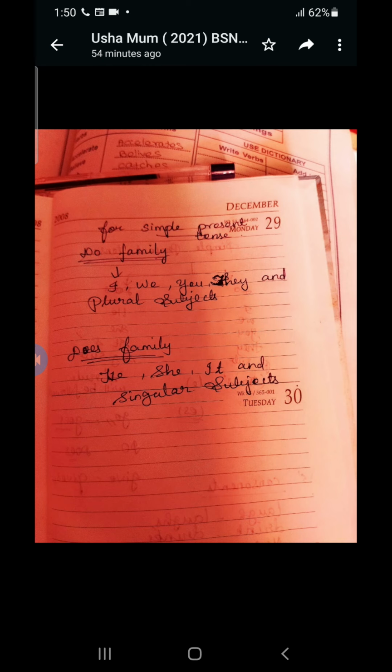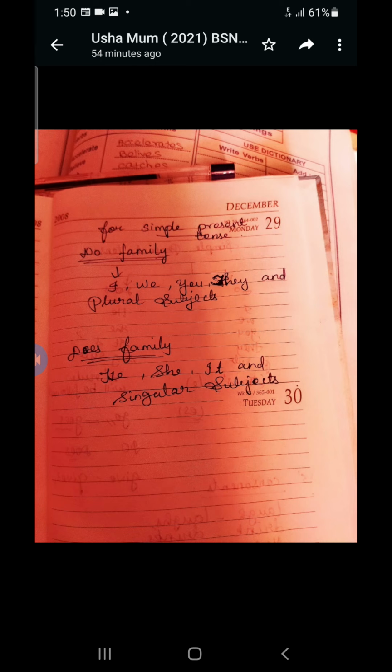Now listen, we have some members in simple present tense. We have our relatives. For example, we have a family. What is a family? Some members are together to make a family. In our neighbor's house also there are some members, and in our relatives' family also there are some members.